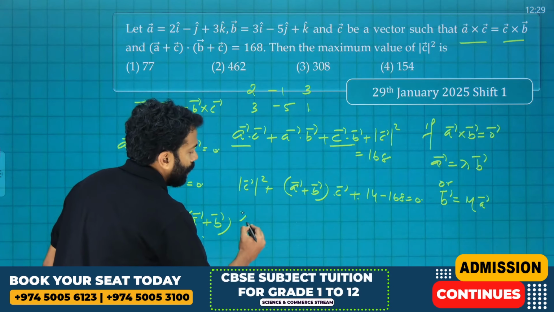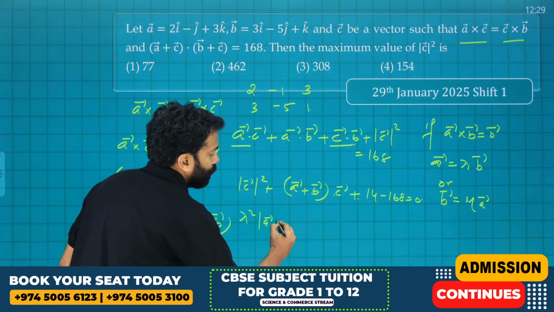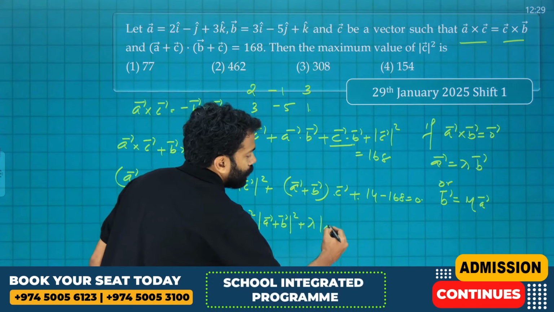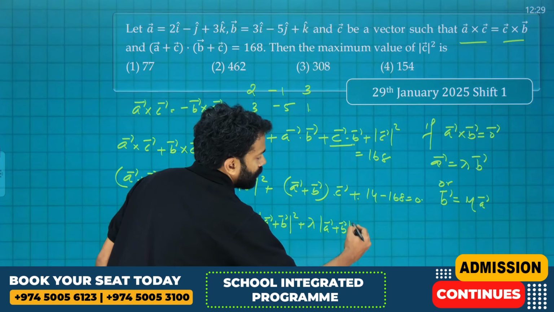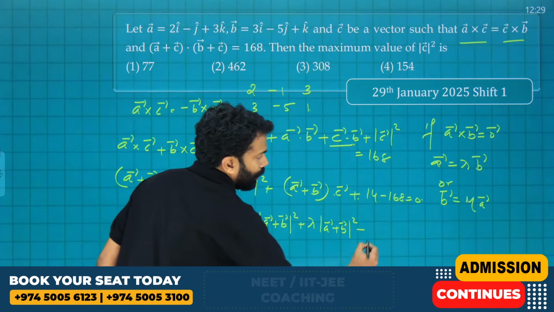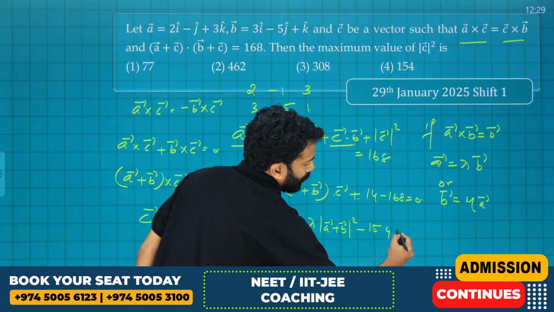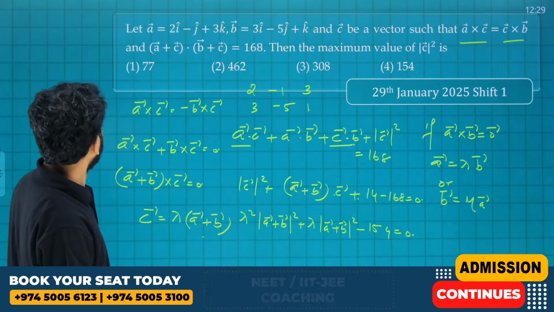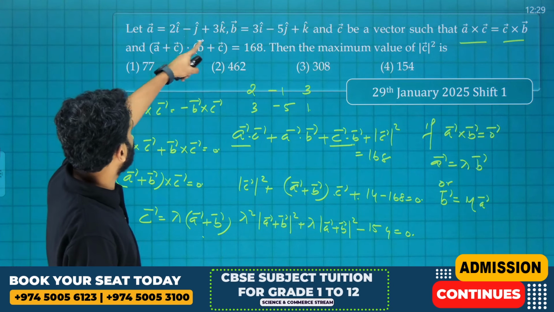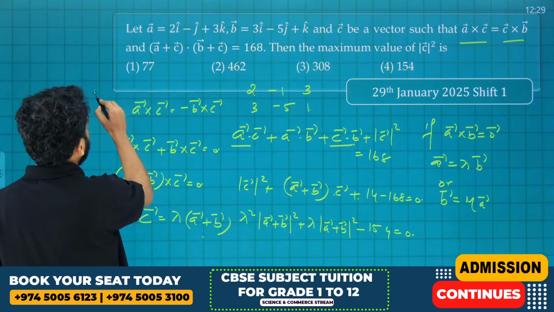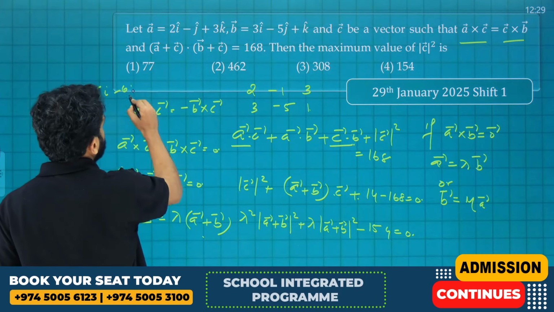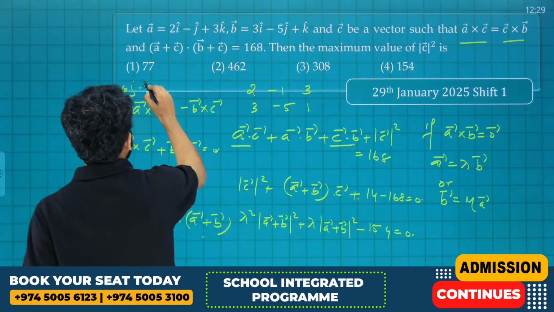Therefore, this is lambda square into magnitude of (vector A plus vector B) the whole square plus lambda into magnitude of (vector A plus vector B) the whole square minus 154 is equal to 0. So what is vector A plus vector B? If you add it, you will get 2 plus 3, that is 5i, and minus j minus 5j, that is minus 6j, and 3k plus k, that is what?